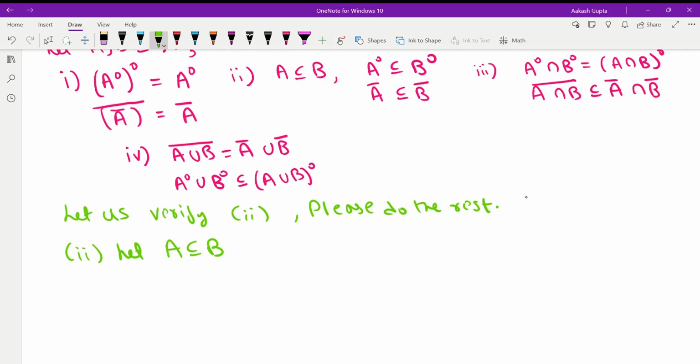Now let us understand how we can do this. Observe that A is contained in B, and B is always contained in B closure. Why?